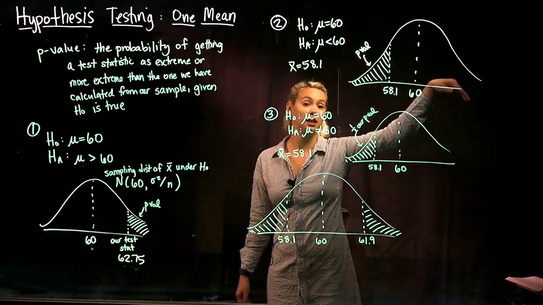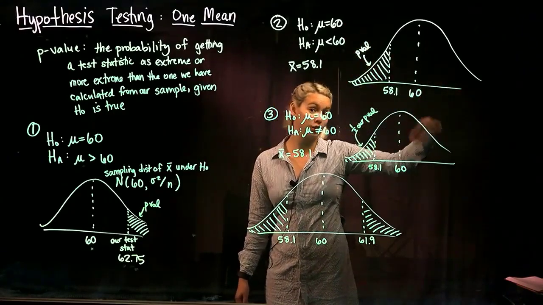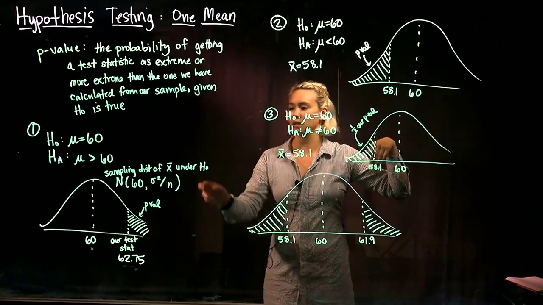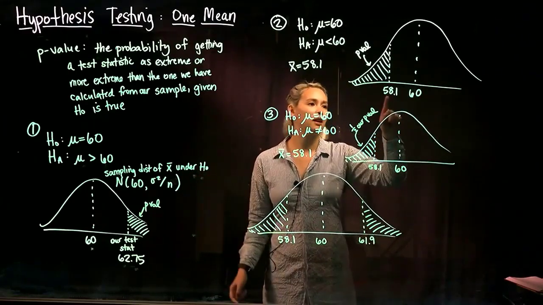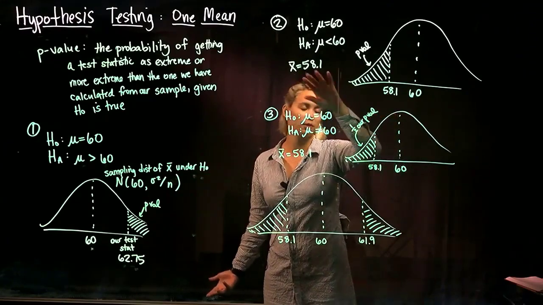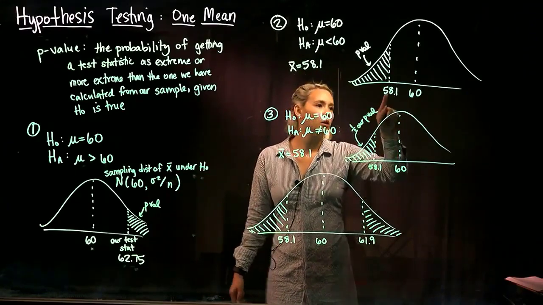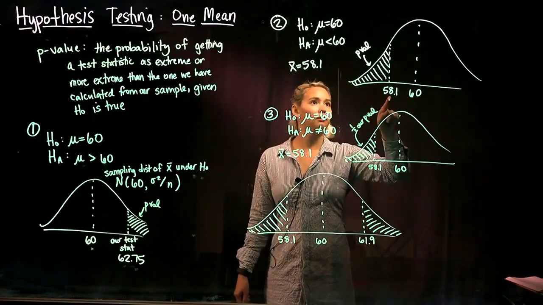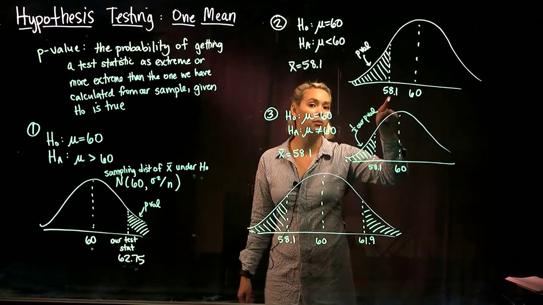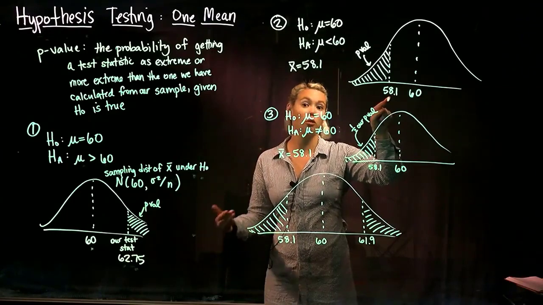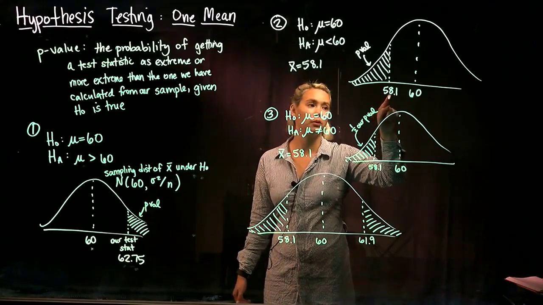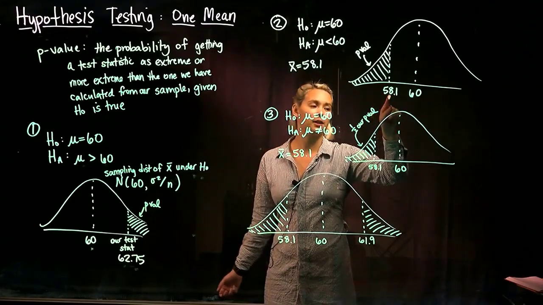This is our sampling distribution of x bar under the null hypothesis. Then say that we took a sample and we got x bar equals 58.1. We would draw in 58.1, and then our p-value would be the probability of getting a test statistic as extreme or more extreme than 58.1 under the null hypothesis that mu equals 60.